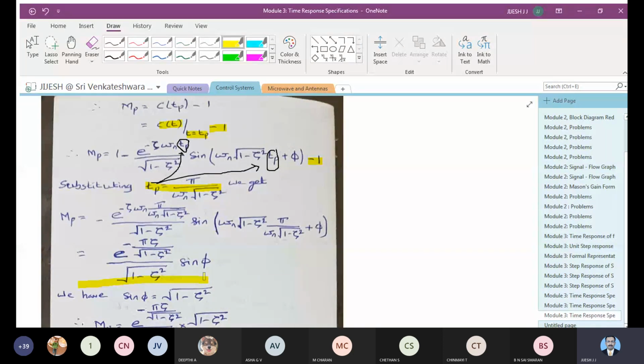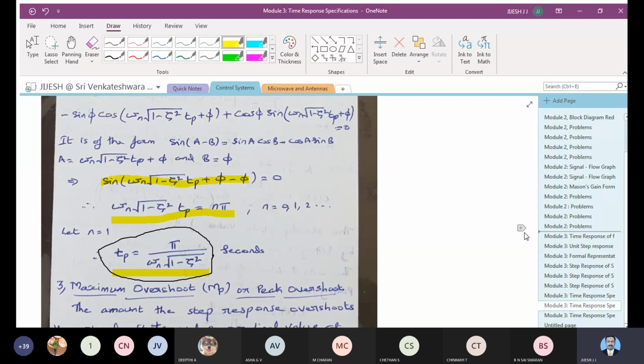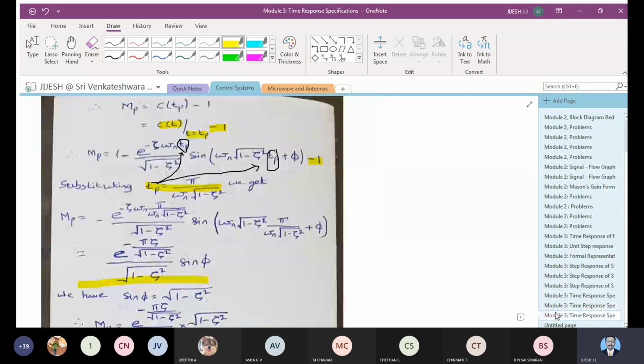So after doing that, we know that so many times we have written the equation for sine phi, even in the previous derivation as well. So you know that sine phi is root of 1 minus zeta square. So we are going to use this equation too, and we are going to just simplify it further.